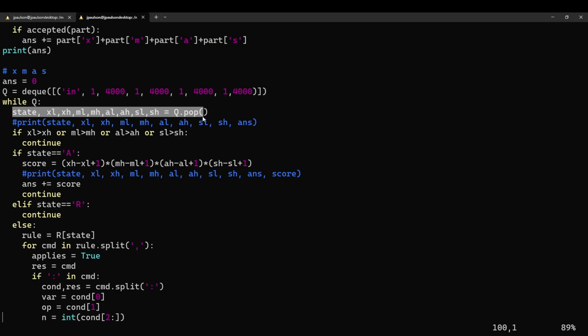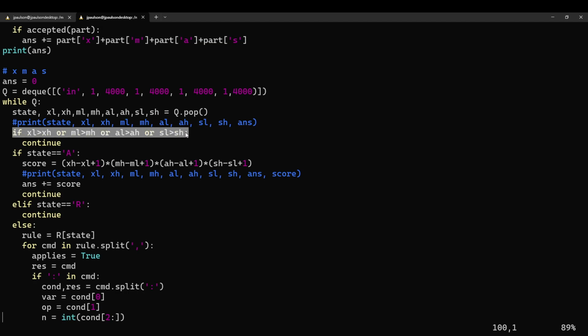Initially we're in state in with all of the parts. And that's what we're going to keep track of: we're in some state, and here's what had to be true of the part to get to this state, okay? So that's the idea here.